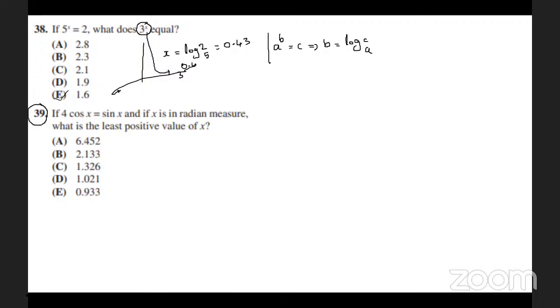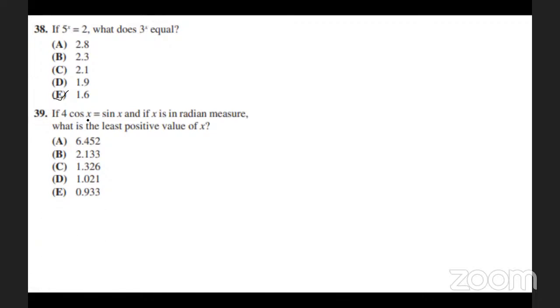39th. 4 cos x is equal to sin x. Divide both sides by cos x.